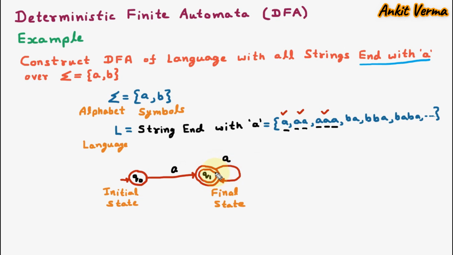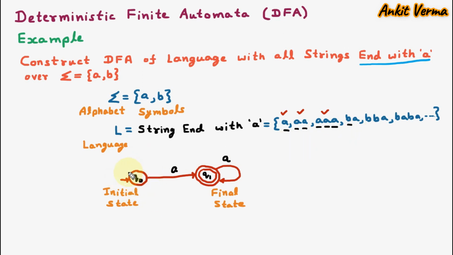We are moving forward. We are taking another string, BA, and that should be accepted by the DFA. So we are now checking. Let us suppose B will come initially. Here on Q0, the move for B is not available.